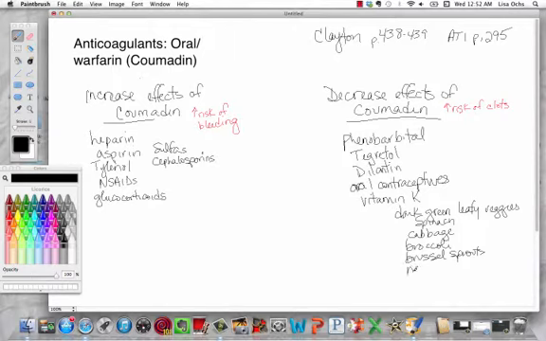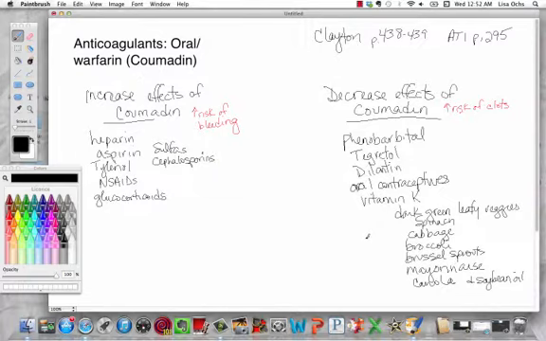I had no idea mayonnaise had vitamin K in it. I'm going to have to double check that. Canola and soybean oil. Can be eaten by your patient. They don't have to be avoided completely, but they should be avoided in excess because too much vitamin K will inactivate their Coumadin and will decrease the effects of their Coumadin.